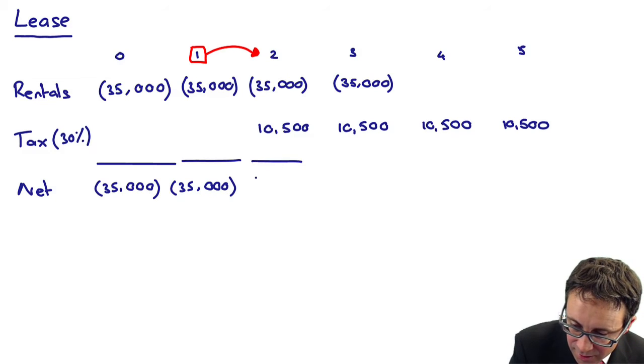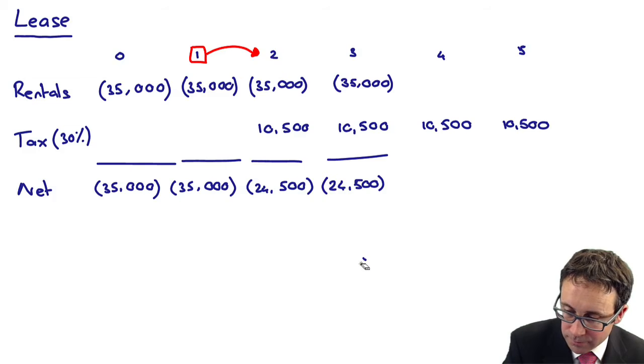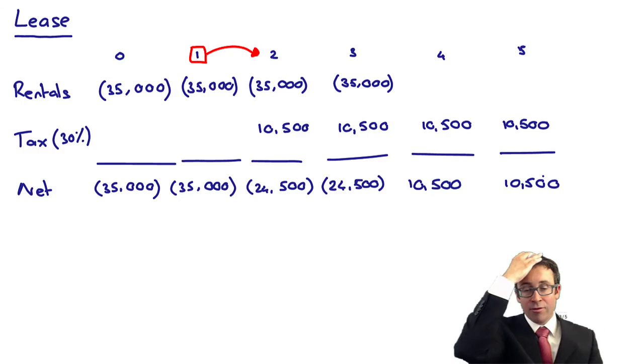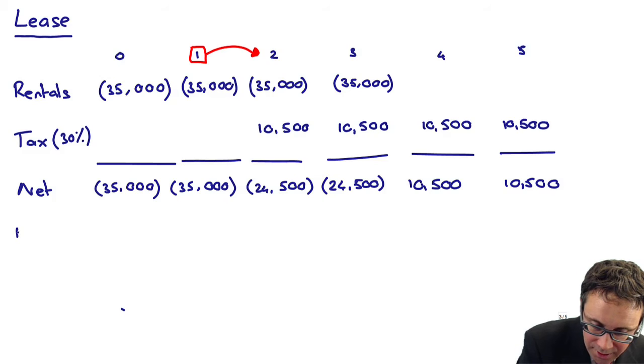We then have, is it 24,500, another 24,500, and then is it just the tax savings in the last 2 years at 10,500. Okay. You've then got, is it your discount factor? Your discount factor there is at 7%.